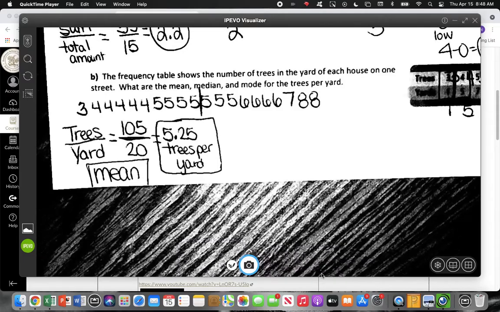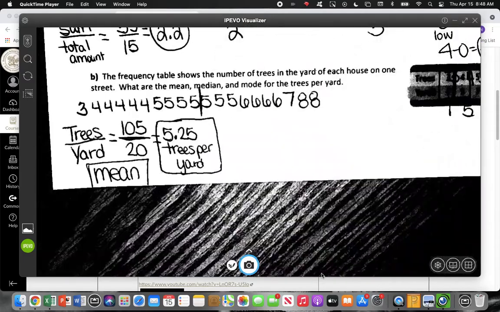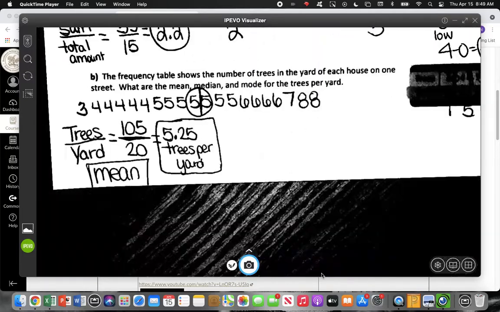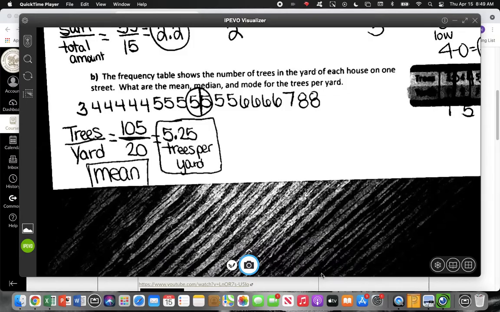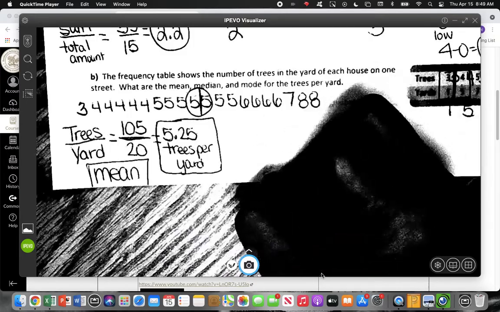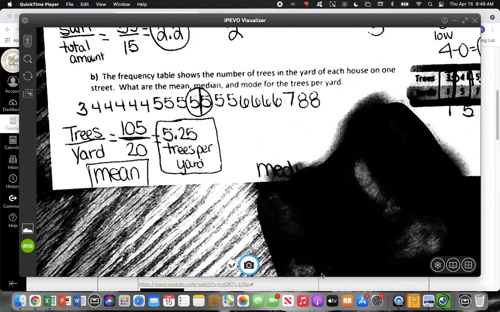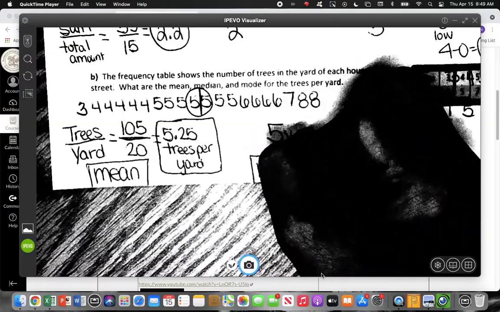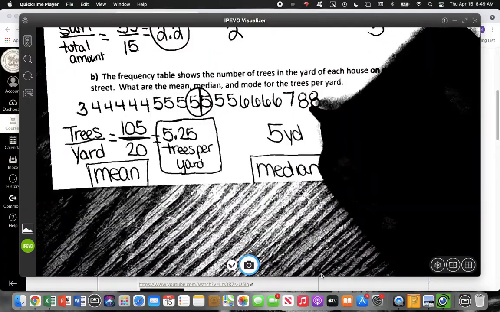Whenever it splits, if there are 2 numbers that share the middle, you would take the average of them. But what's the average of 5 and 5? 5. So the median, what's right in the middle, is just 5 trees.